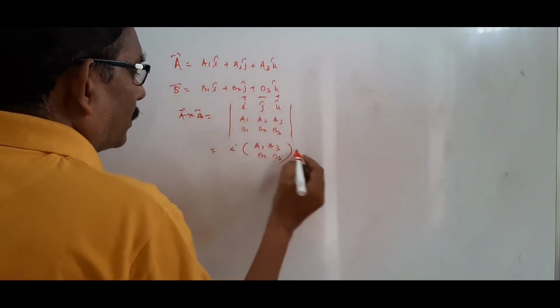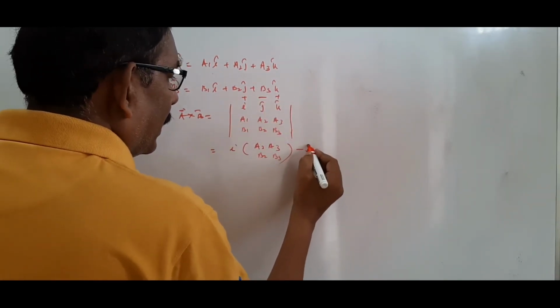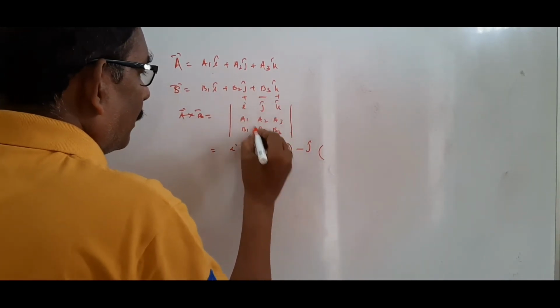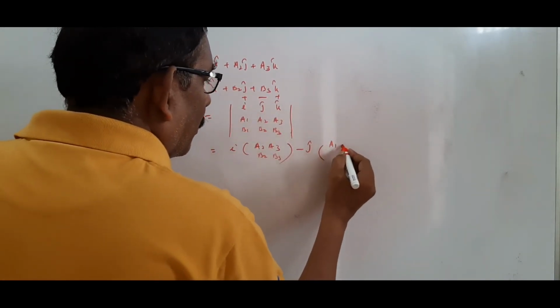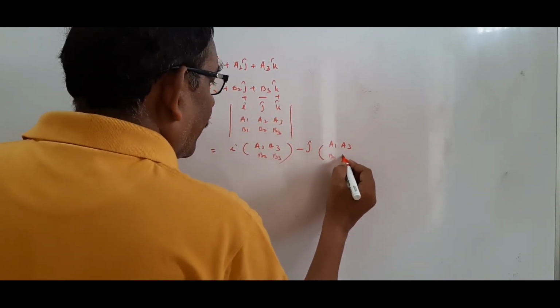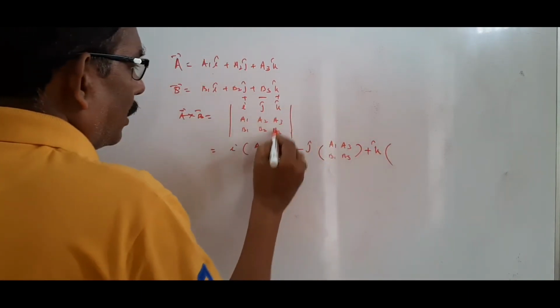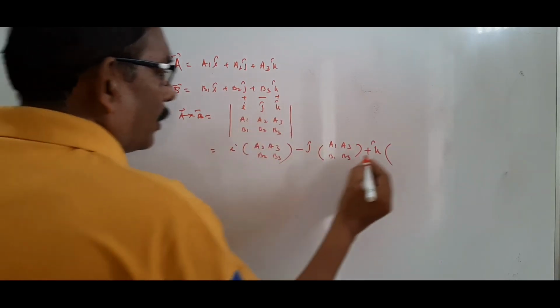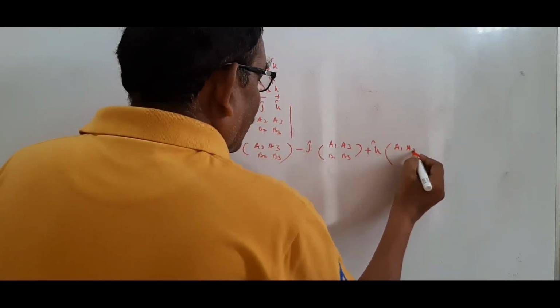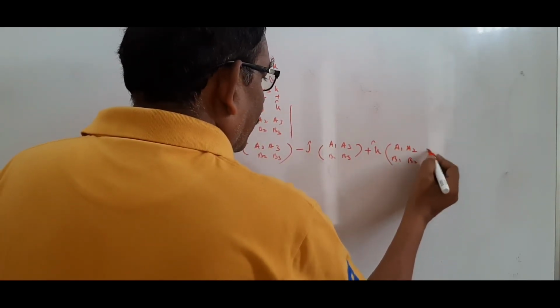Plus minus plus, J with A1, A3, B1, B3. Now K with A1, A2, B1, B2.